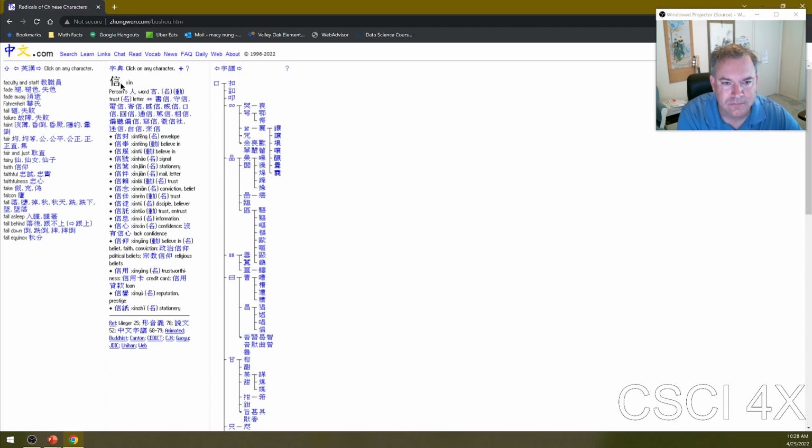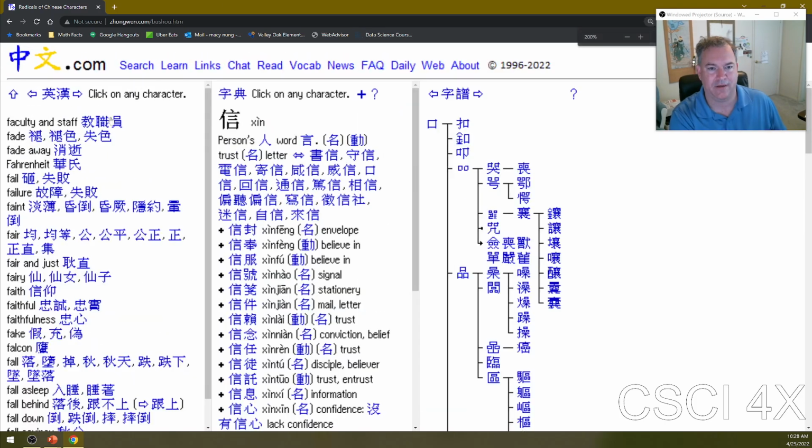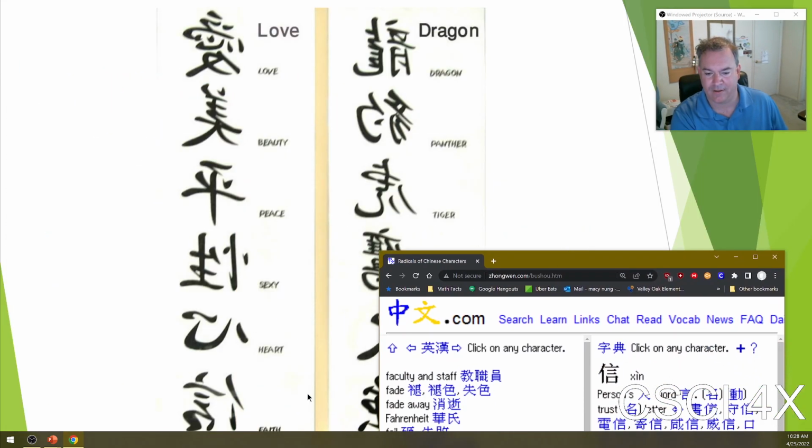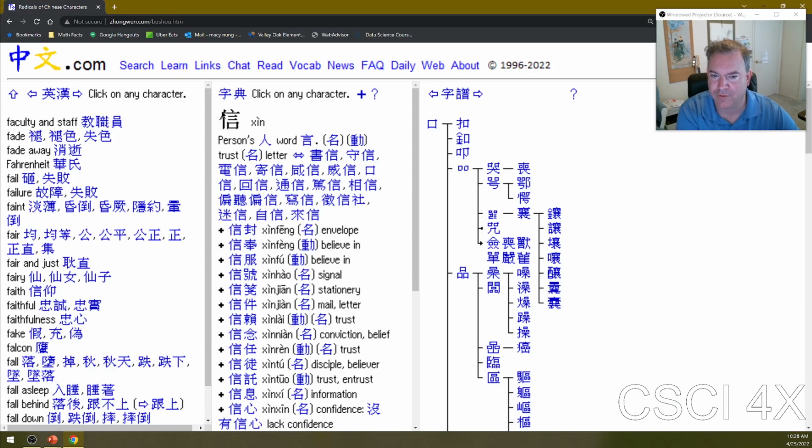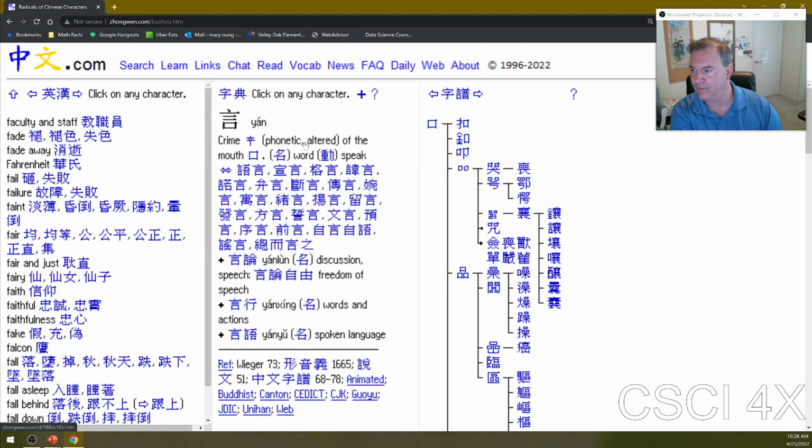go. Okay. So yeah, you can see what it actually is supposed to look like here. You see how it's mirrored here. So you have the left half, which is ren, which is a person, and the right half here means words, right? So if you click on words, you'll see a bunch of characters that all descend from word.